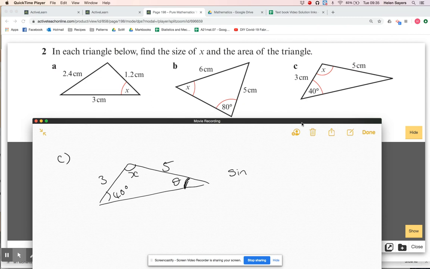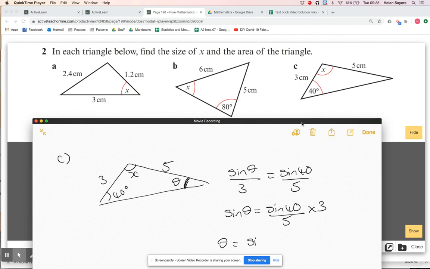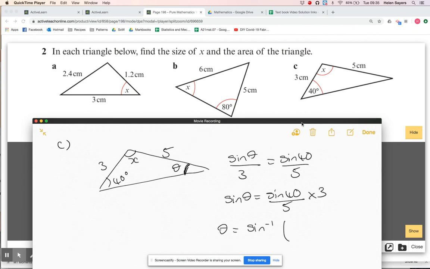Okay, so sine theta over 3 is sine 40 over 5. So sine theta is sine 40 over 5 all times 3. So theta is arc sine of all of that.